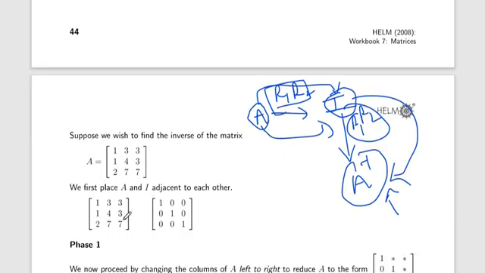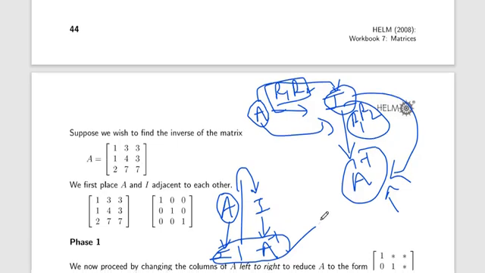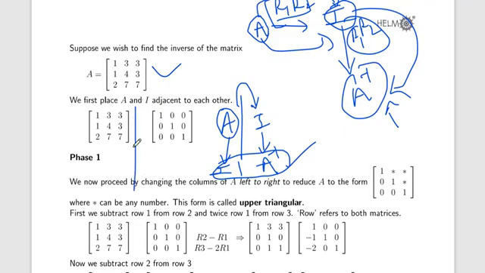So we make the augmented matrix A and I. We transform it until we get I and A inverse. So we apply the augmented matrix A and I to this question.